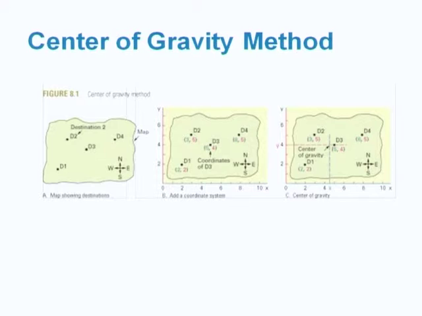This is an example of using the center of gravity method. From the left, there is a map that shows destinations. Then overlay coordinate system onto the map. And then use the coordinates of each destination to calculate the center of gravity.